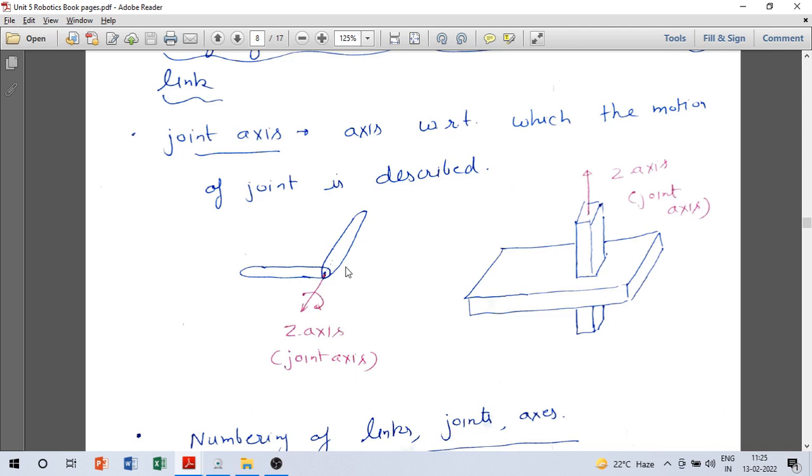On the right-hand side you see a prismatic pair, and the joint axis is this, because that is the direction along which the motion is described. It is a sliding motion, so those are joint axes.